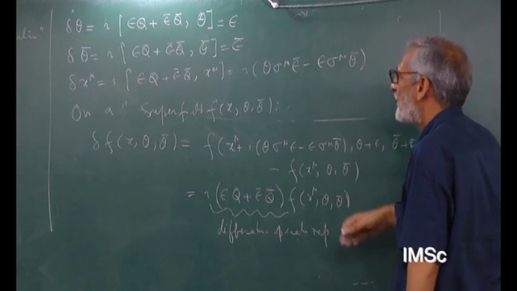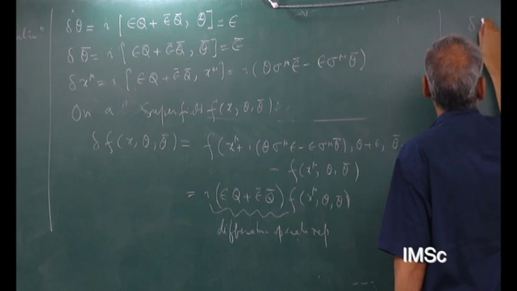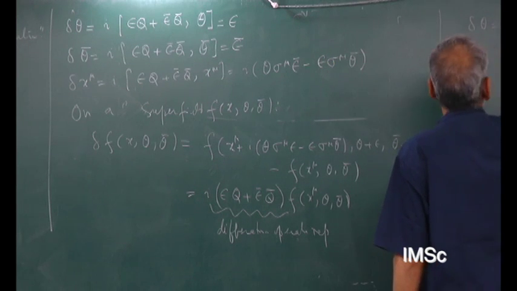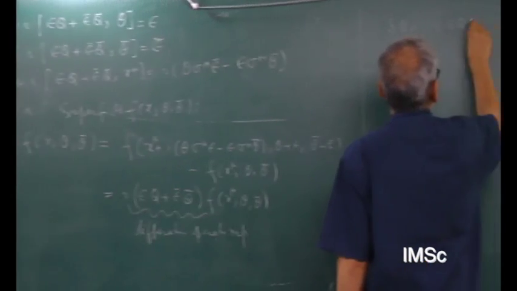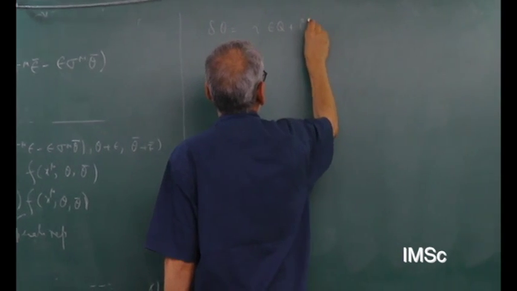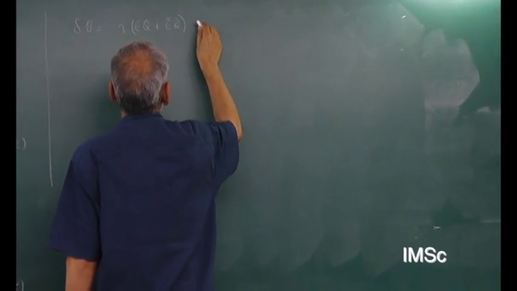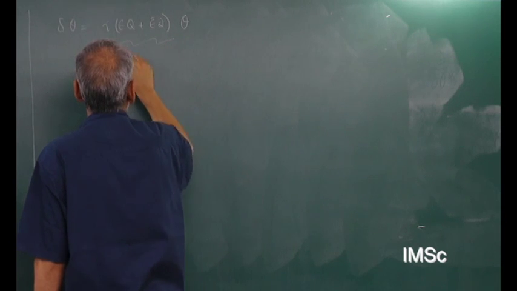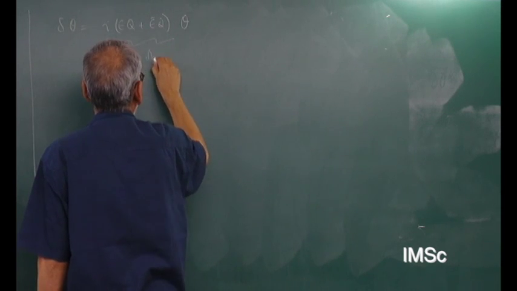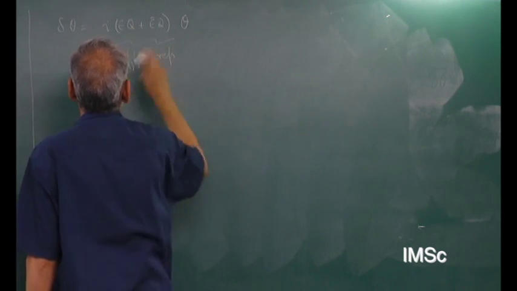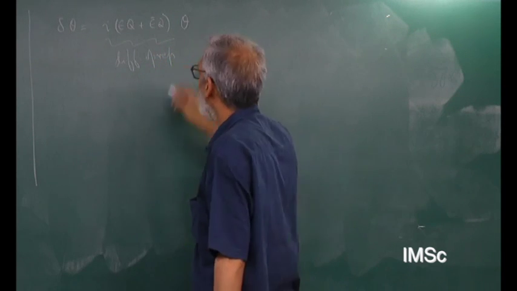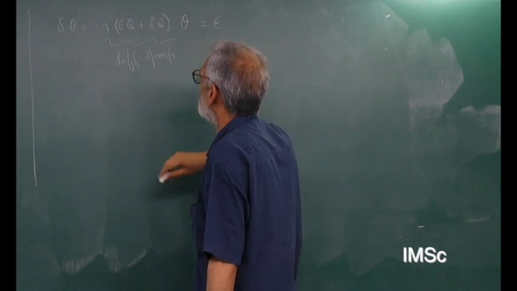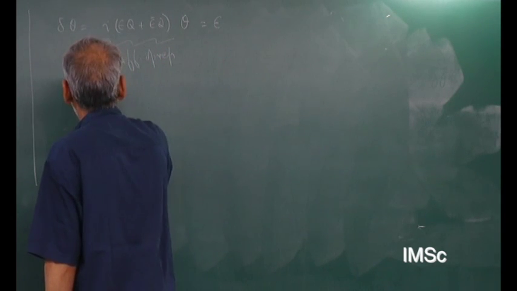This is the general statement. Specifically on delta theta, I could again write it as acting on theta. Now, this is a differential operator representation on the superspace, and that is what should be epsilon, and theta bar.